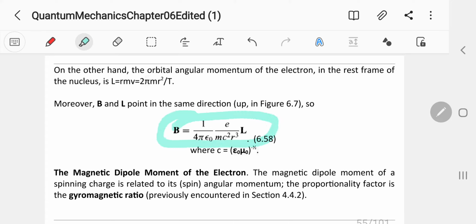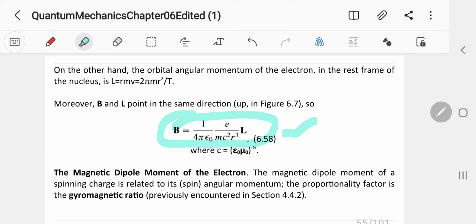You can just accept the things shown here, but you can review your previous lectures in electromagnetism.